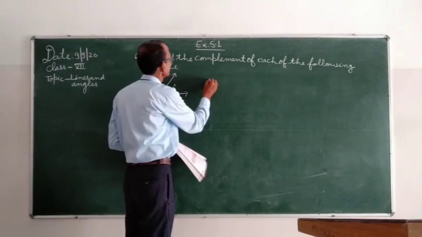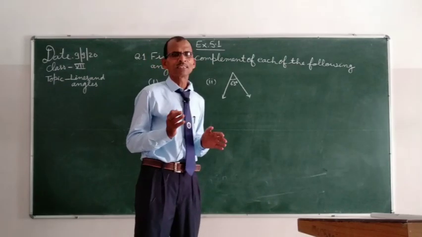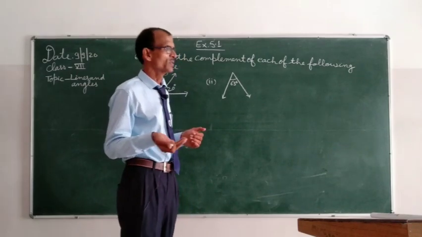And second one is 63 degree, if the sum of their measures is 90 degree. Okay?